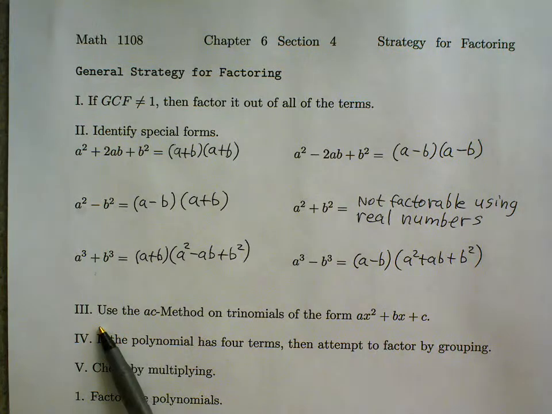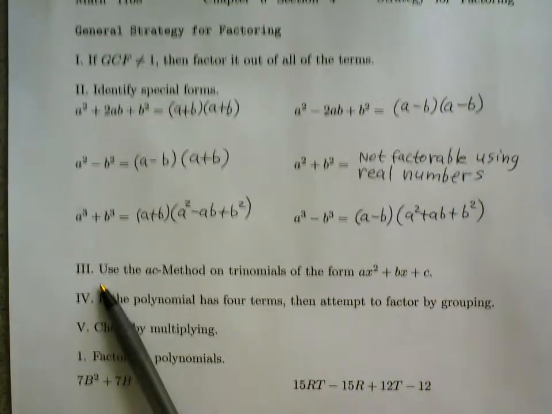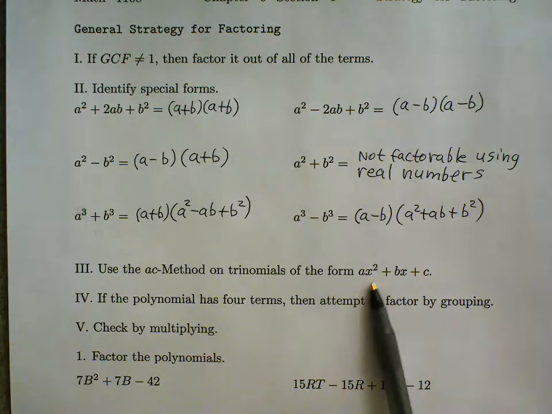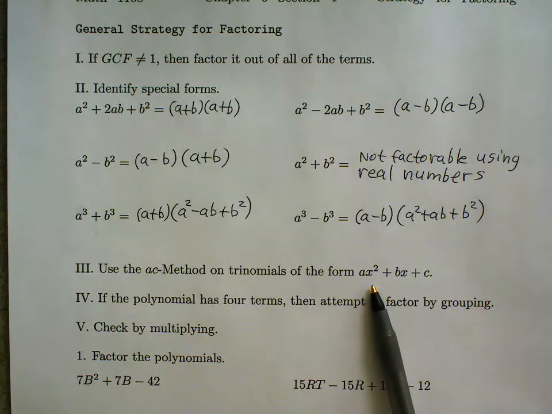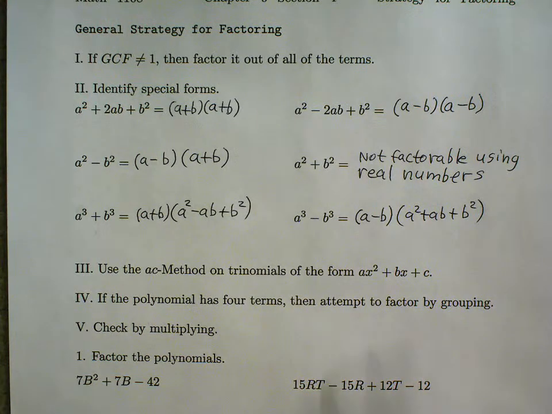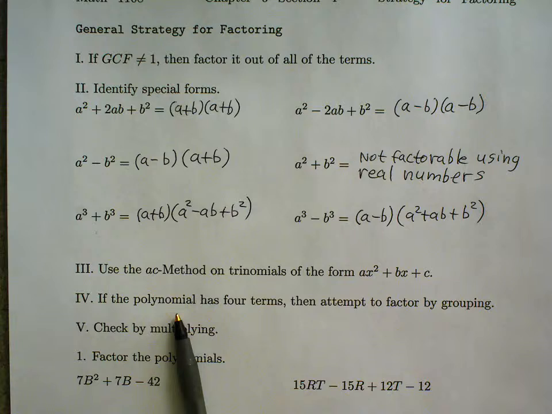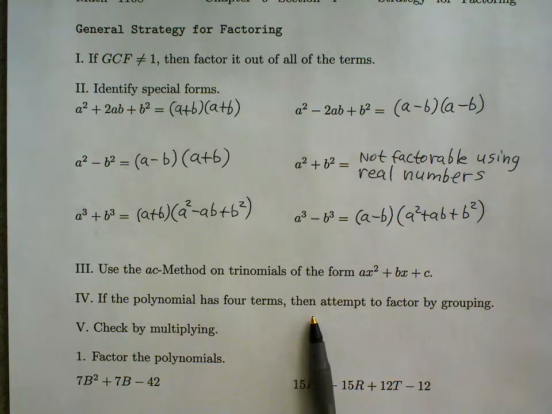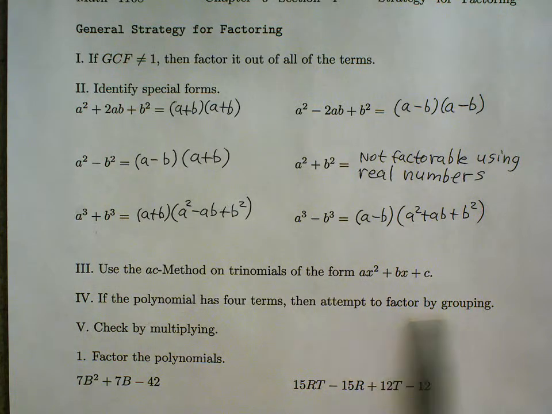Okay, step 3 in the general strategy for factoring. If we have a trinomial of the form ax squared plus bx plus c, we can use the AC method to see if it can be factored with integer coefficients. If you have a polynomial with 4 terms, those are called quadrinomials, then you can attempt to factor by grouping.